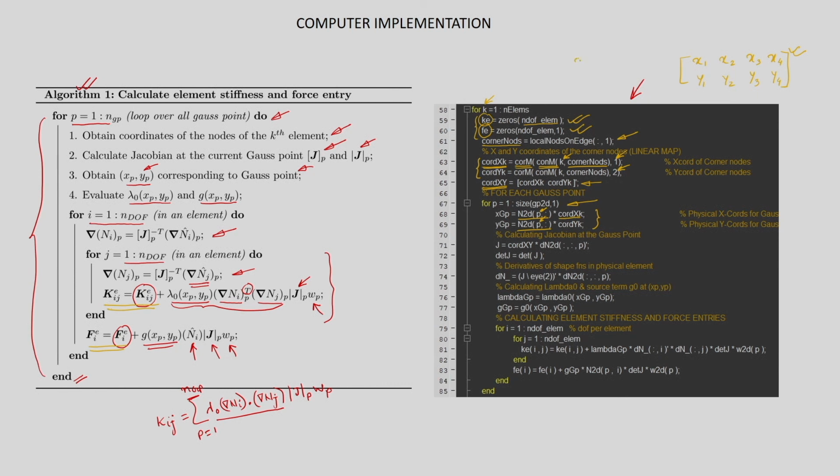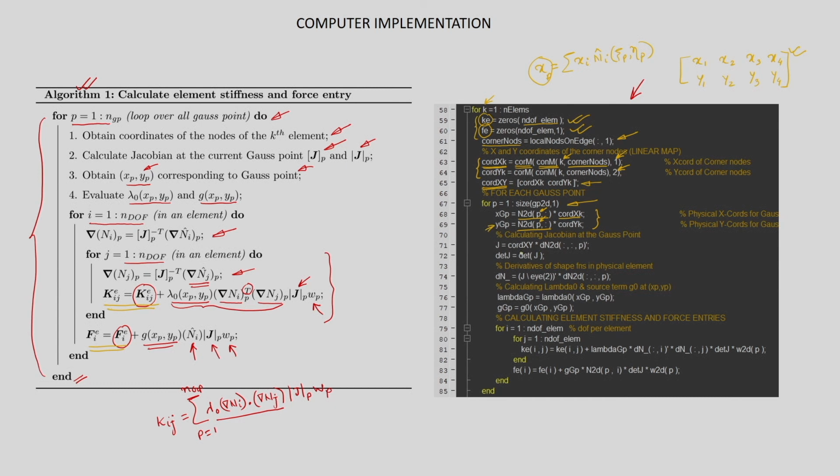So, basically we are making use of the sum of xi Ni hat. That gives us the corresponding xp. If I use xi p, eta p, we are getting the pth coordinate, the coordinate in the physical element corresponding to the pth Gauss point. Similarly, we get the YGP.